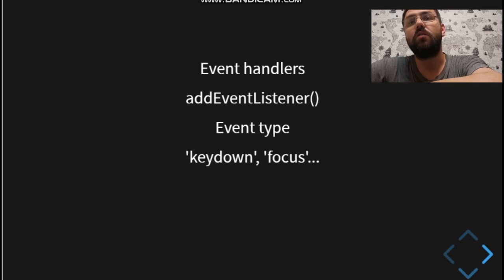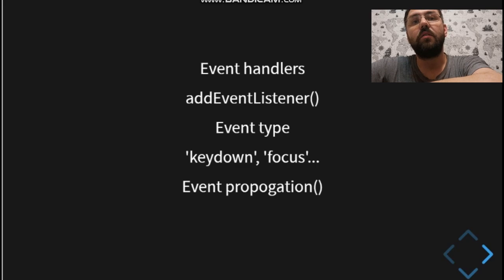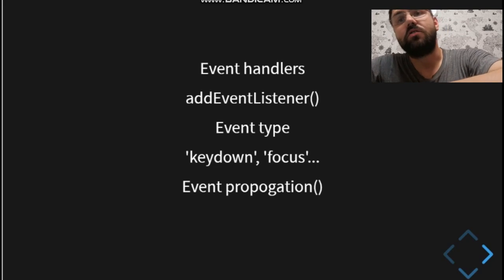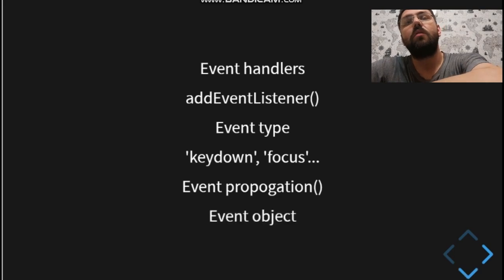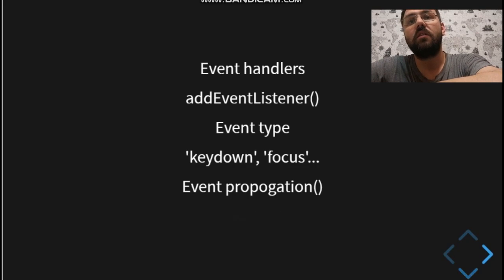Most events are called on a specific DOM element and then propagate to that element's ancestors, allowing handlers associated with those elements to handle them. When an event handler is called, it is passed an event object with additional information about the event. This object also has methods that allow us to stop further propagation and prevent the browser's default handling of the event, preventDefault.